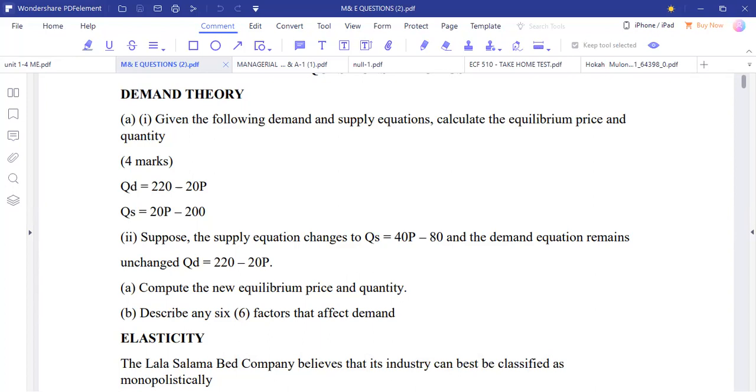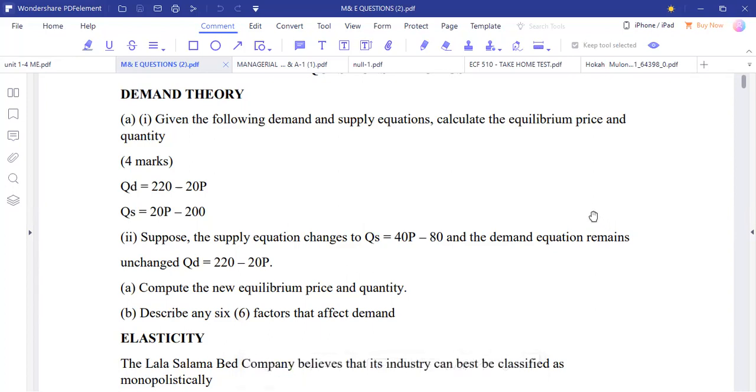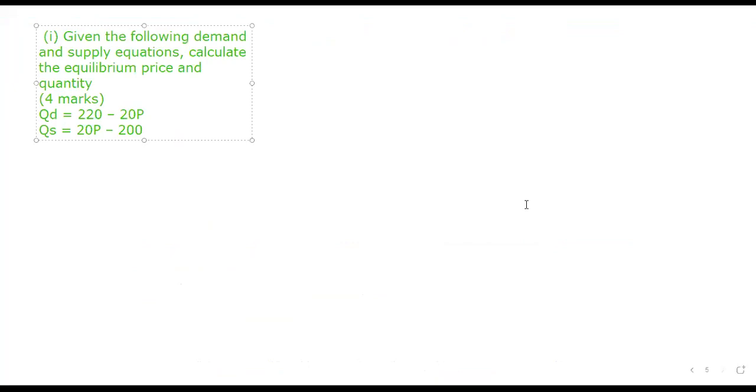We're asked to calculate the consumer surplus, equilibrium quantity, and price. So I want the ladies now to lead us through what we do. Ladies, we're given this, what do we do? How do we find the equilibrium to start with?